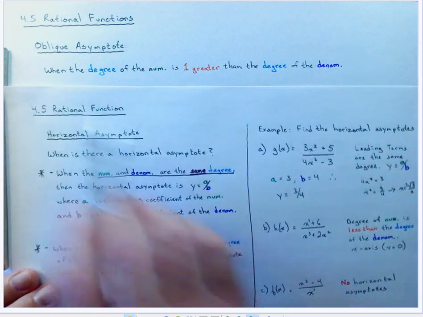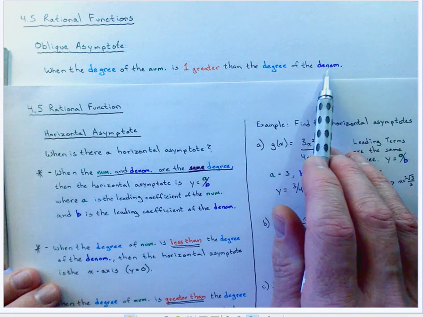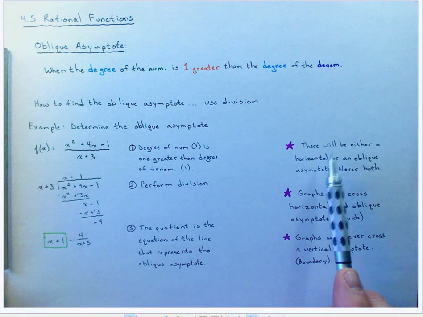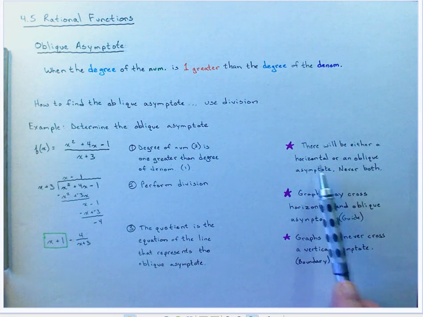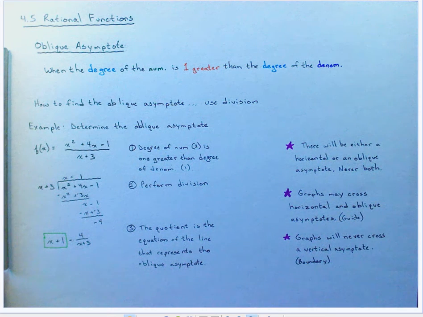And specifically, when the degree of the numerator is 1 greater than the degree of the denominator, you have your oblique. So you'll have either or, and there will only be one: one horizontal, or one oblique.